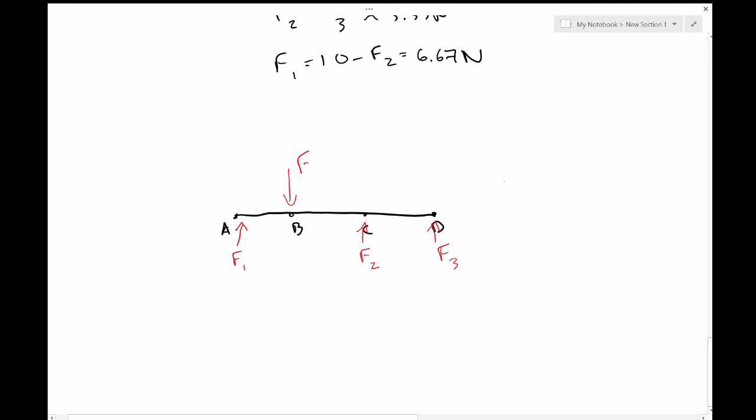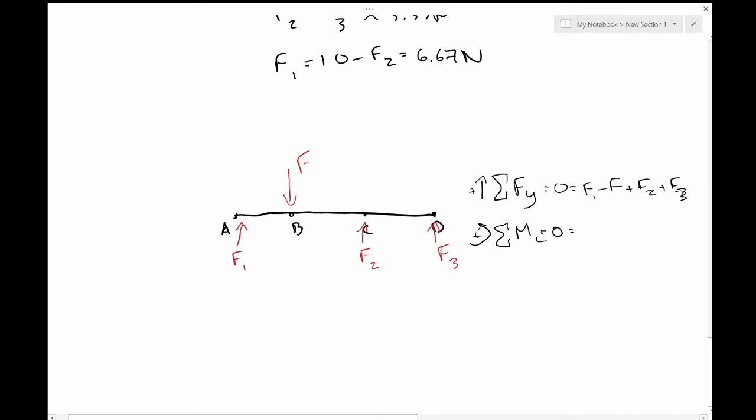So we might start with the sum of forces in y equals 0, which equals F1 minus F plus F2 plus F3.